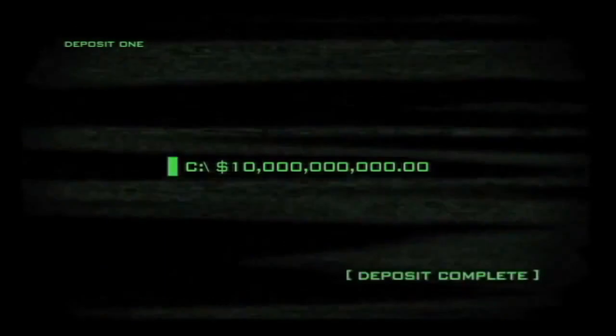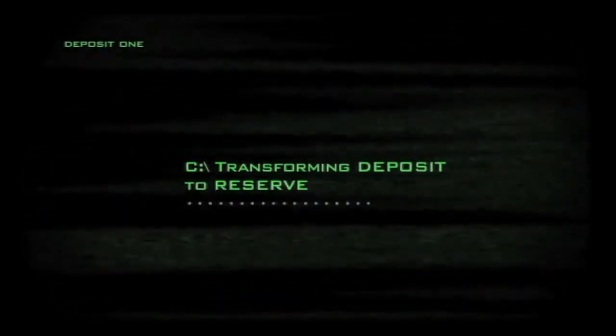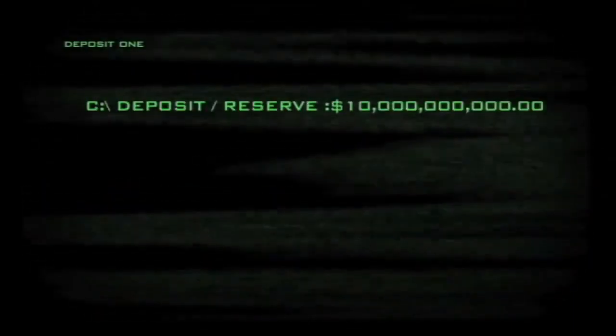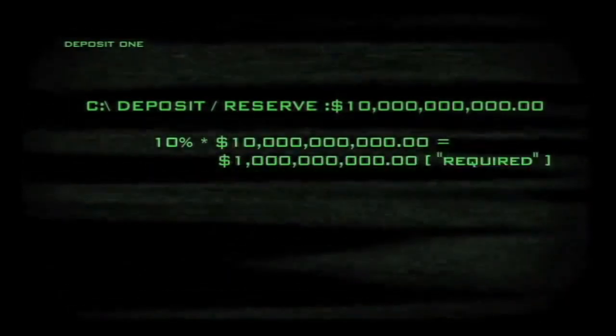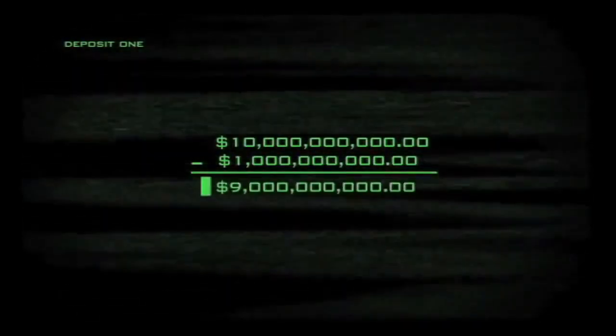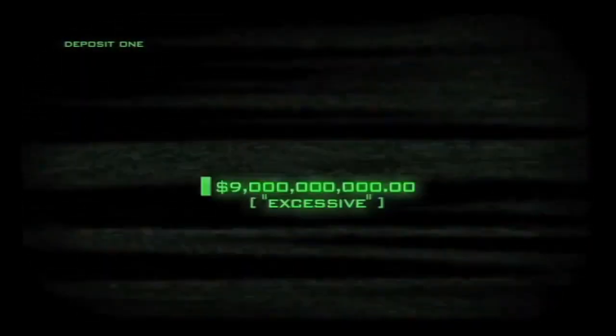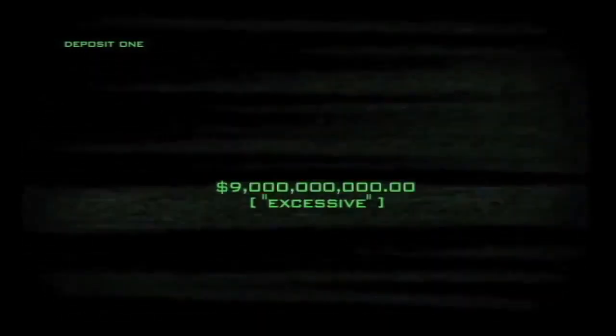For as based on the fractional reserve practice, that $10 billion deposit instantly becomes part of the bank's reserves, just as all deposits do. This means that with a $10 billion deposit, 10% or $1 billion is held as the required reserve, while the other $9 billion is considered an excessive reserve and can be used as the basis for new loans.